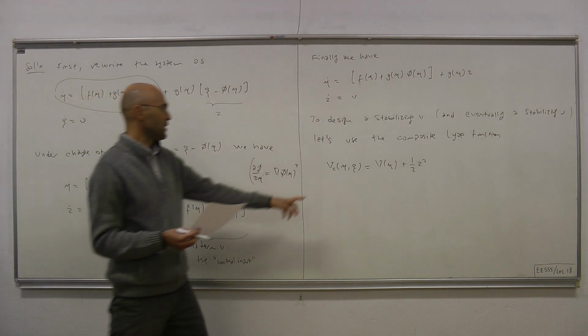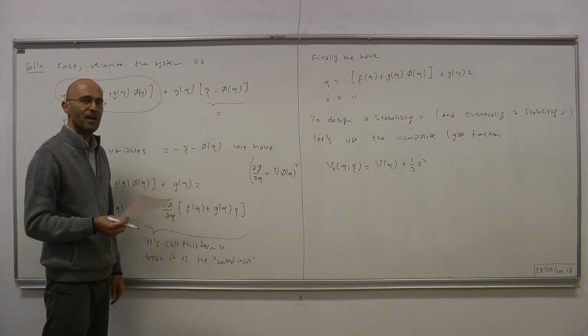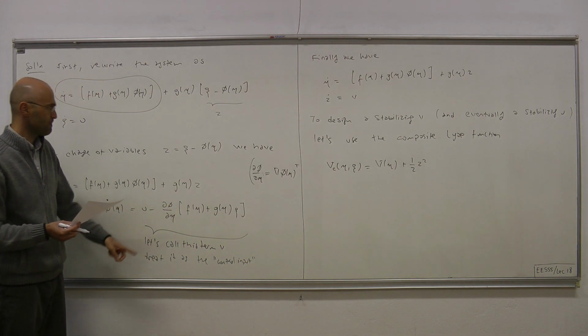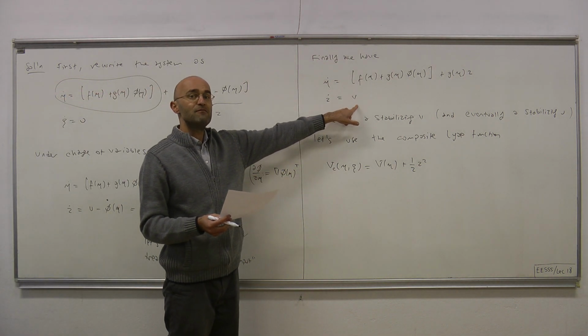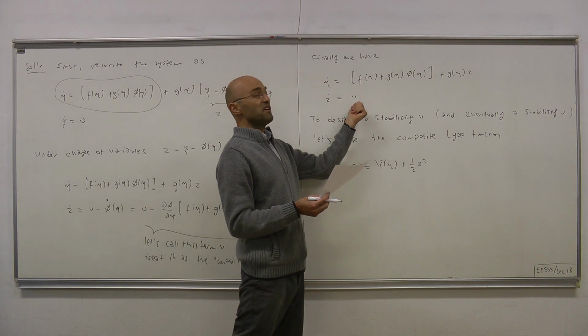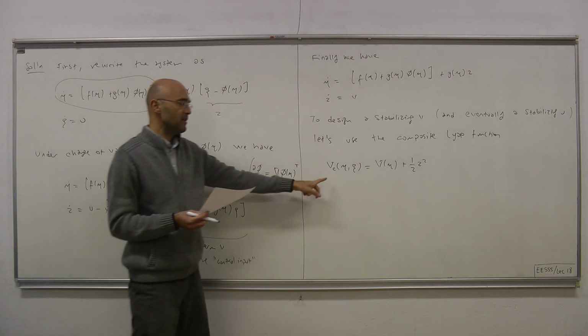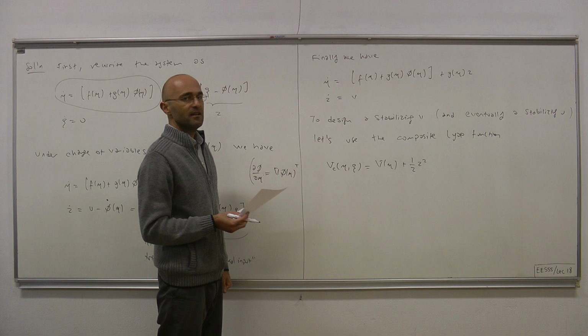And then what we're going to do is compute that time derivative. We're going to compute z dot, and that will be in terms of V, and we will see by looking at that derivative whether we can choose a V such that that time derivative Vc dot is negative definite.